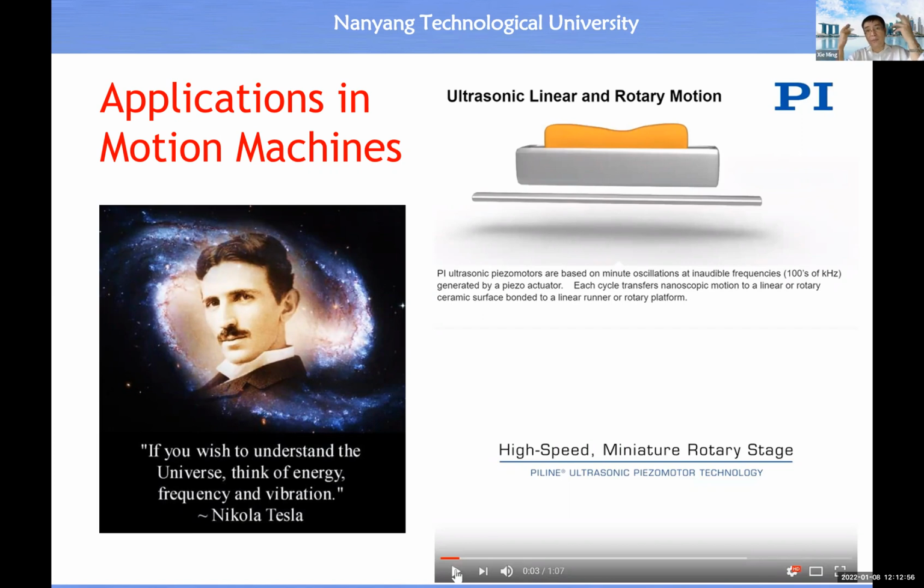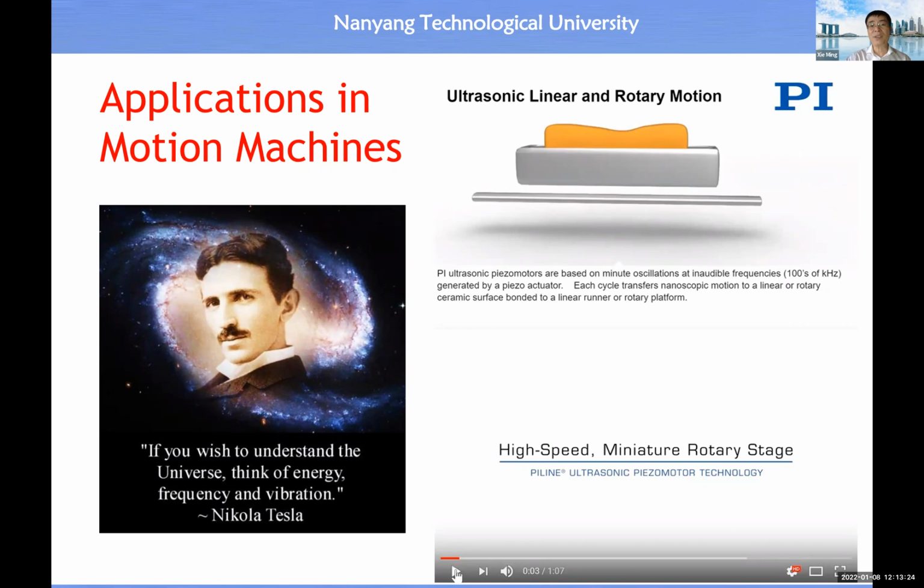So this helps you to understand the phenomenon of vibration, okay? Light basically is a vibration signal, right? So treat vibration in a broad sense, and this is why Nikola Tesla makes such a statement. So you see the importance of vibration, which is at the same level as energy and frequency, right?